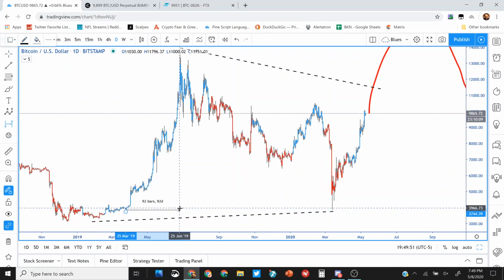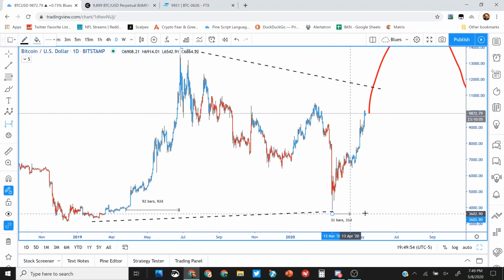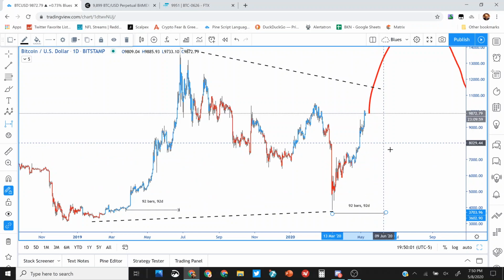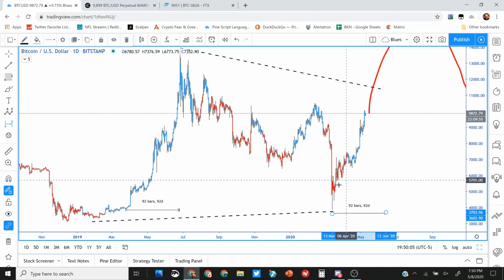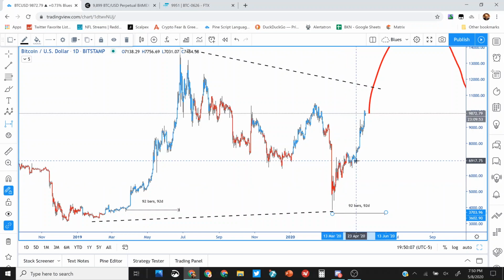This piece here, 92 days. 92 days would put us early June. The current move really should be done in the next couple days.